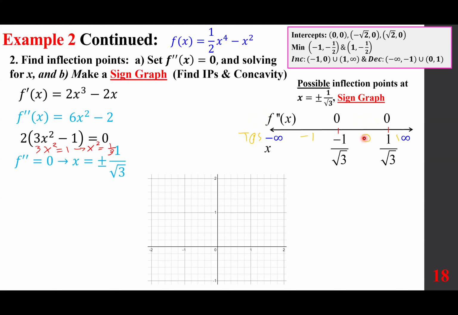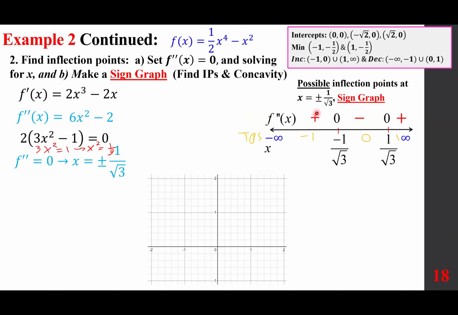If I put the 0 into f double prime, I get minus 2. So this is negative, and if this is negative, they will alternate. You can plug in minus 1, it makes it 6 minus 2, positive.